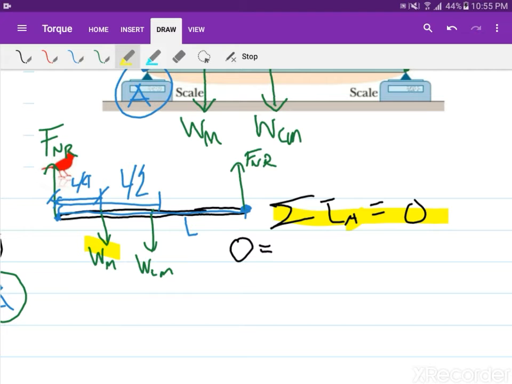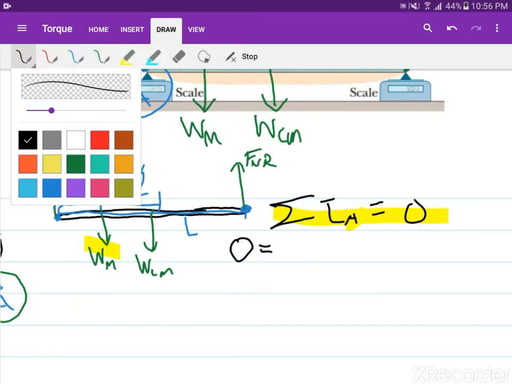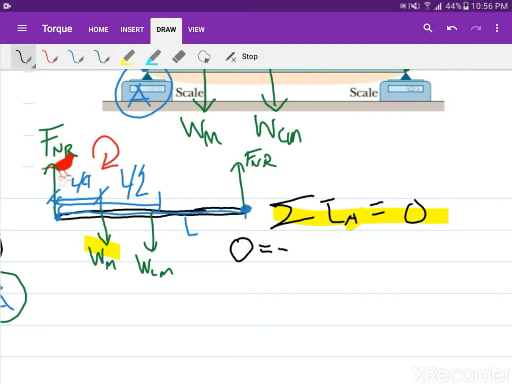So weight sub M. It causes a rotation in its direction, clockwise, so it will have a negative torque. So we write minus weight sub M times the lever arm of L over 4.